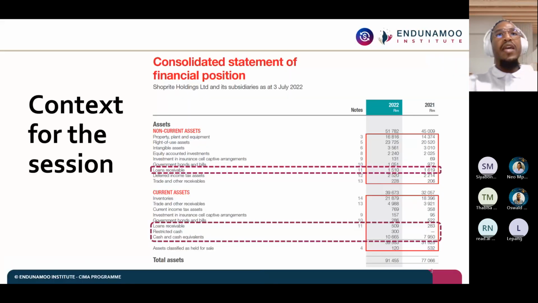Just to give a bit of context for today's session, when you are presented with a set of financial statements, like we have here, a sample consolidated statement of financial position for Shoprite Holdings as at 3 July 2022, you would find under the non-current assets typical financial instruments such as your loan receivable. Under your current assets, you would also see the current portion of your loan receivable, your restricted cash, as well as your cash and cash equivalents.